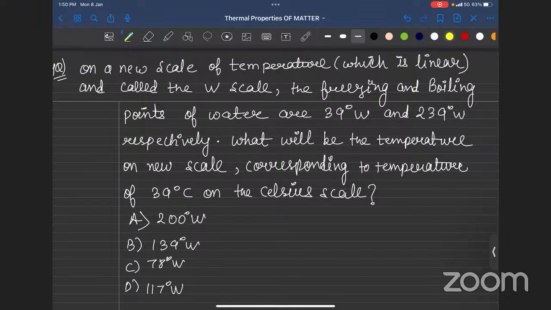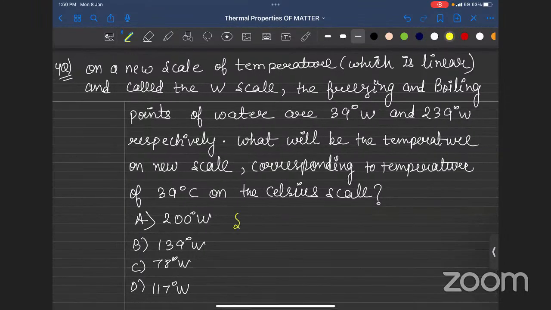Okay, so students, the question is in front of you on your screen. This is the fourth numerical. I'll be providing the solution in 2 minutes. So you have 2 minutes to solve this question. Please solve it.